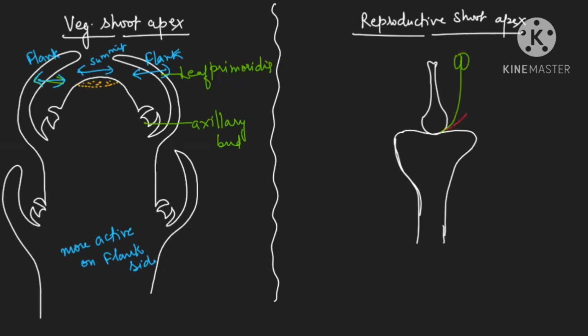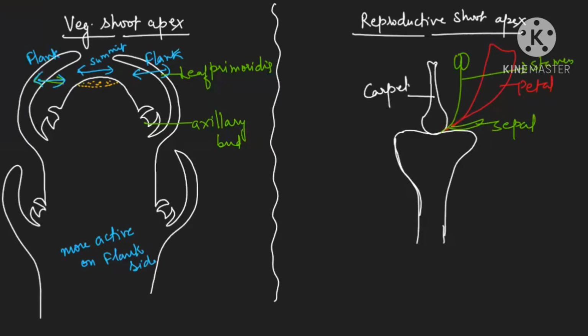This is your sepal, and this is your, sorry, petal. This green one is sepal. This colored one is petal. This is your stamen, the male part. And this is your carpel, the female part.